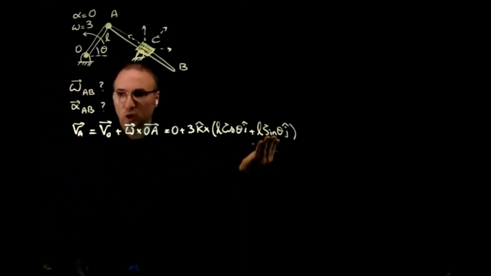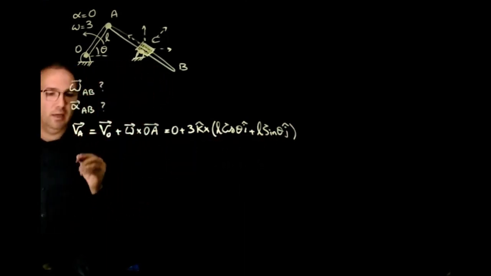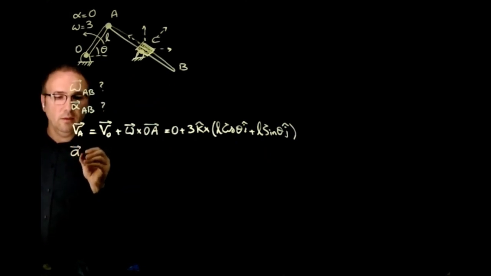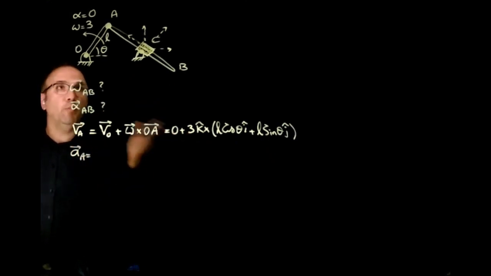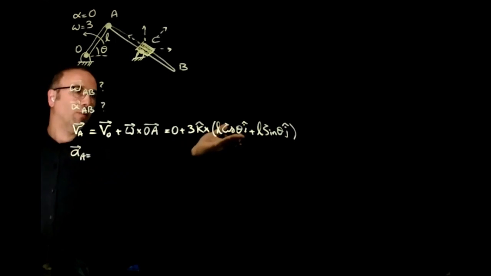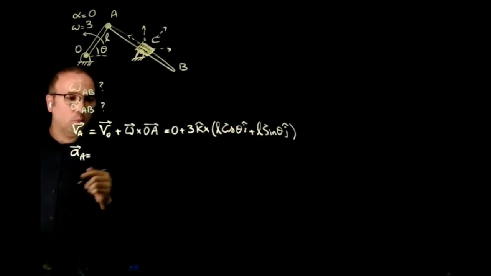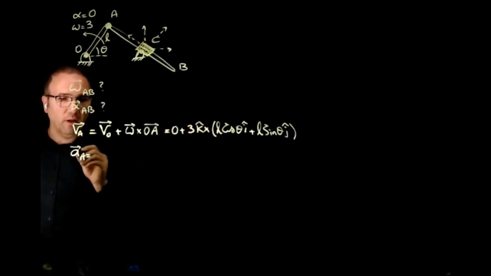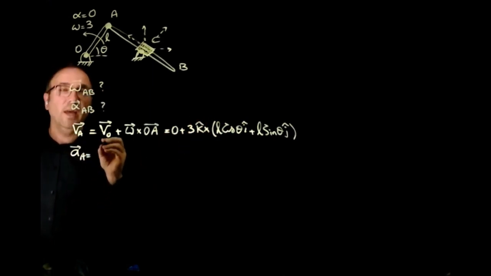Because I know theta, I find VA, the numerical value. If I know theta, for example 45, I plug it in there, and I know L is, for example, 0.5, then I find everything about the velocity of A, the numerical value.